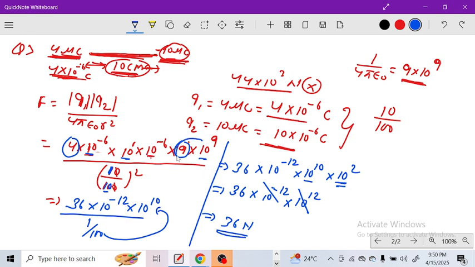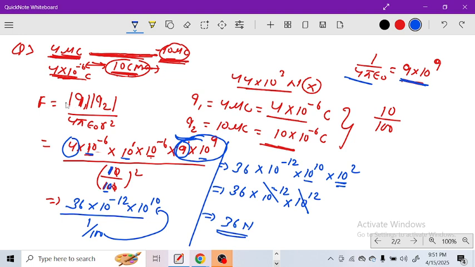Kavya, you put 9 into 10 raised to power 9 in the denominator. You have to put it into the numerator, because the value of 1 by 4 pi epsilon naught is 9 into 10 to the power 9.